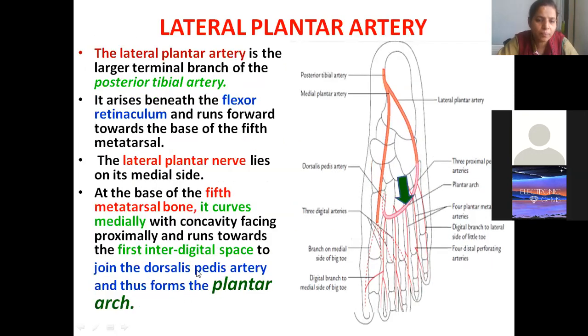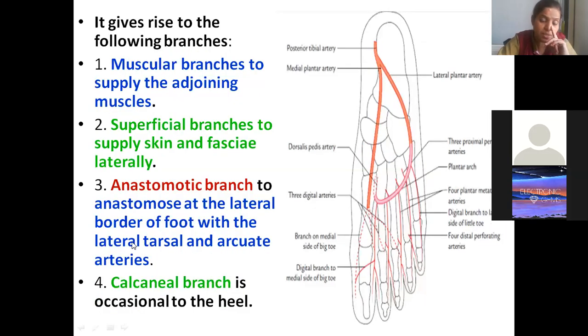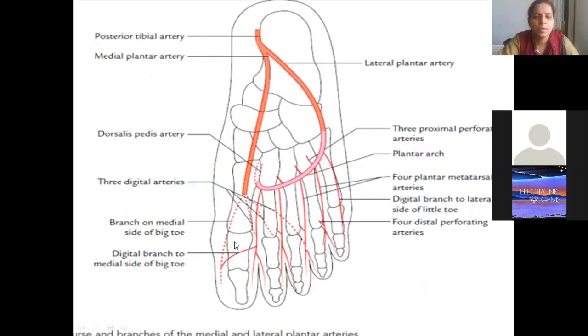The dorsalis pedis artery; I told you these branches were there. So it anastomoses with the branches of the dorsalis pedis artery. Sometimes it may have a calcaneal branch which supplies the heel. So this is all about the lateral plantar artery.